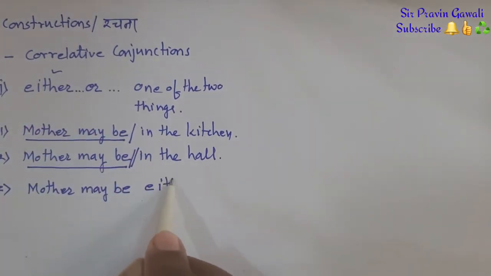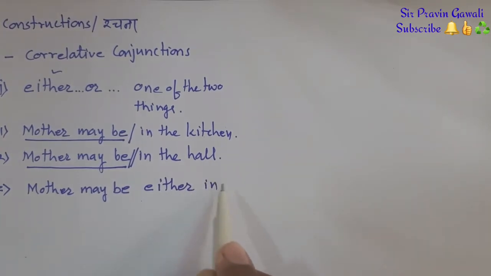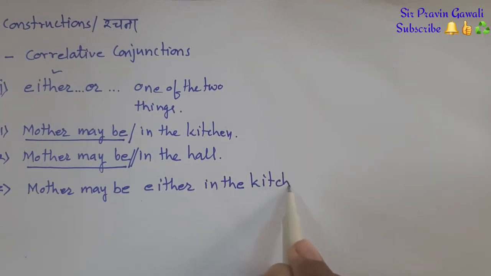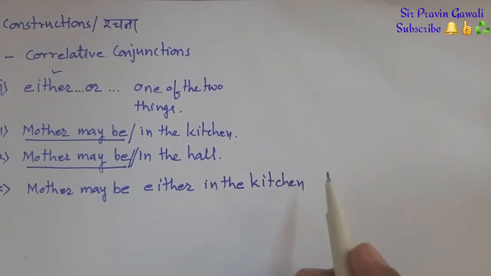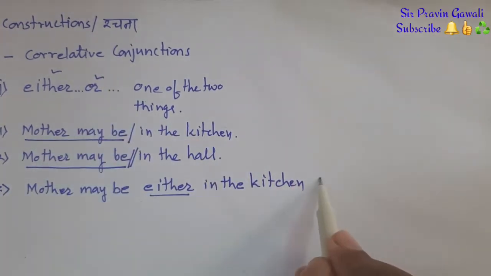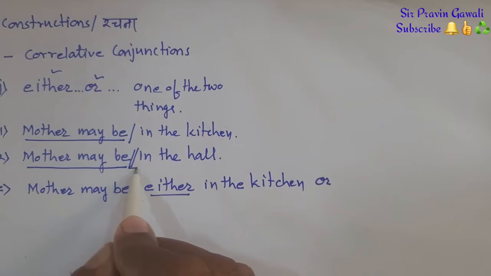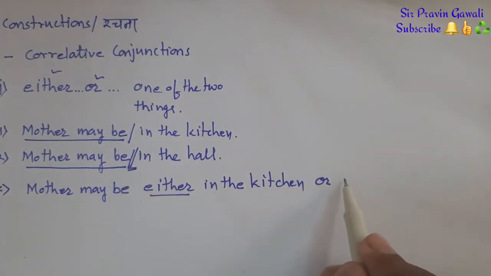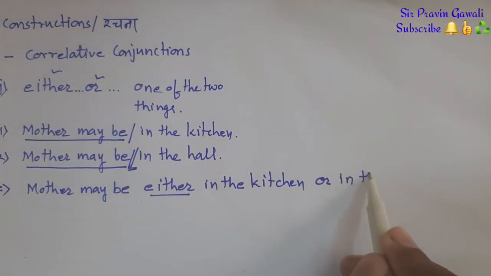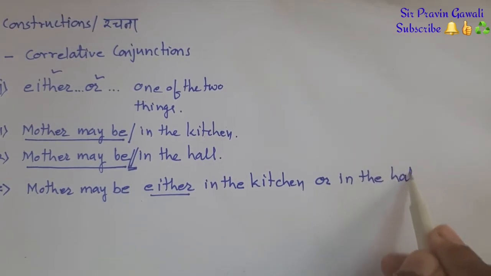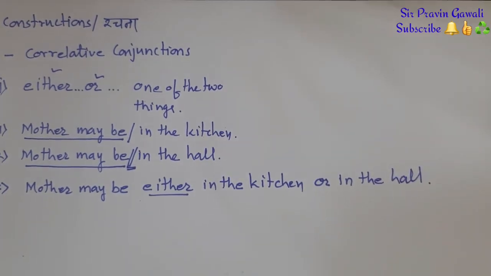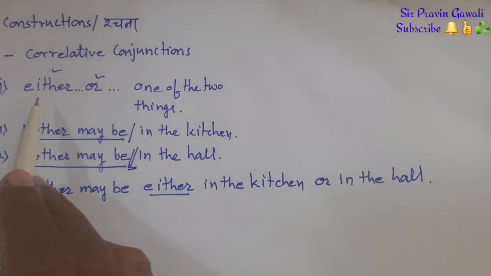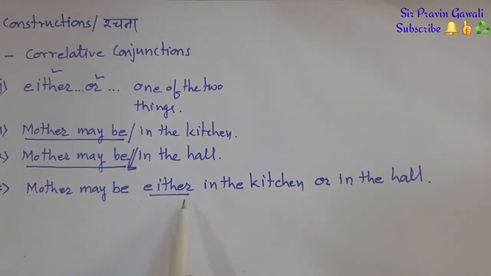Either in the kitchen. Now we can use or in the place of the two slant lines. Or in the hall. So this is the construction by using either or. Mother may be either in the kitchen or in the hall.